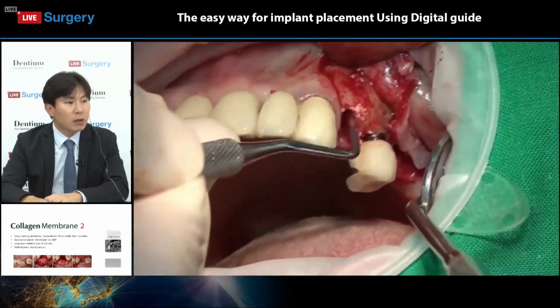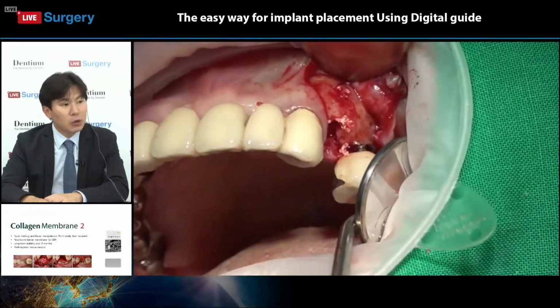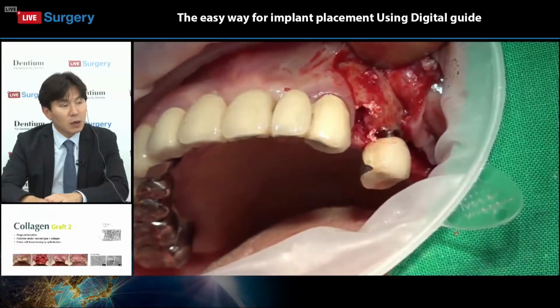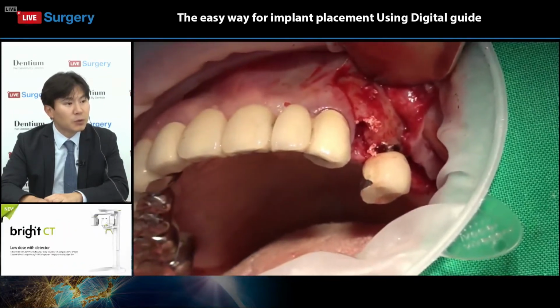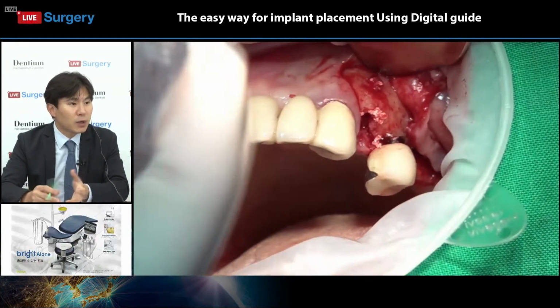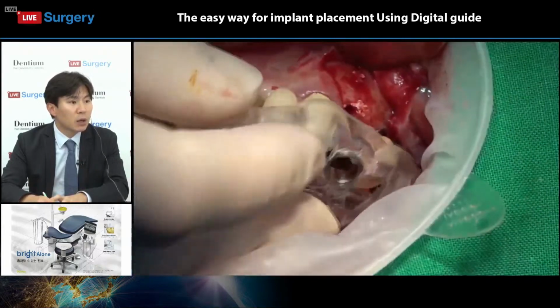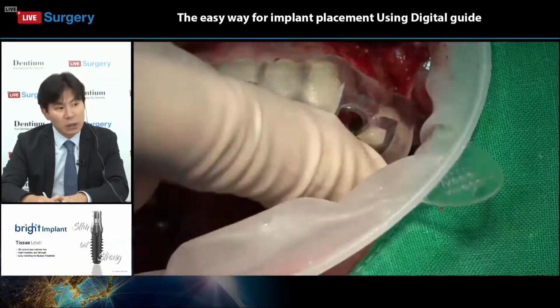Unlike the particle type of bone graft, you can see no displacement or scattering of the bone material because of the presence of the collagen in the material.